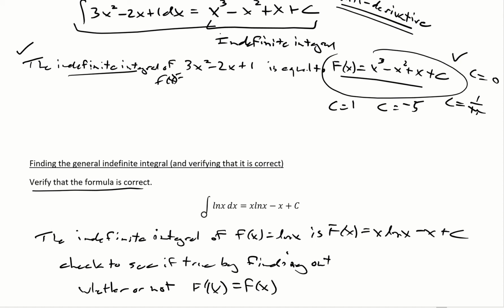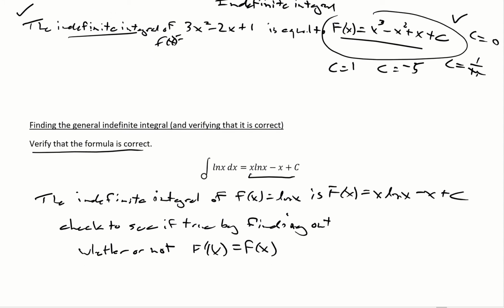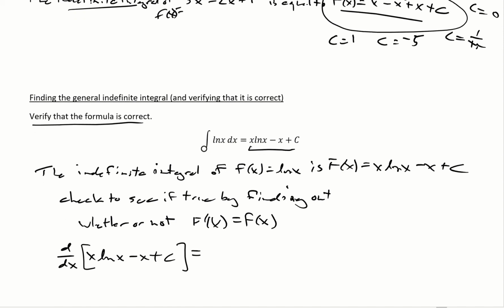That's it. If you're claiming that this is the indefinite integral, then that guy's derivative needs to be ln. So we take the derivative of x ln x minus x plus c and find out if it's truly equal to natural log of x. And what do we see in this particular problem? Right there, if we're deriving, none other than product rule.